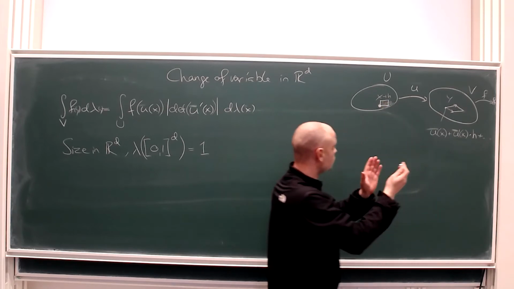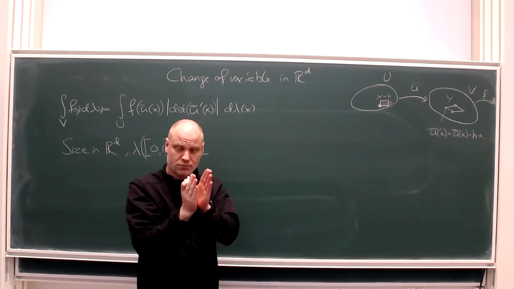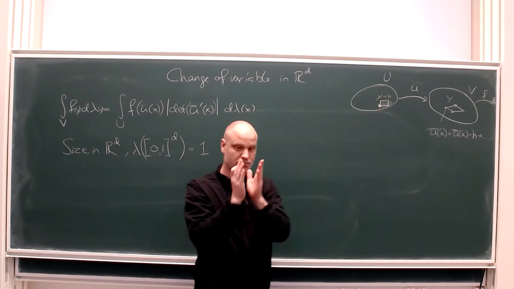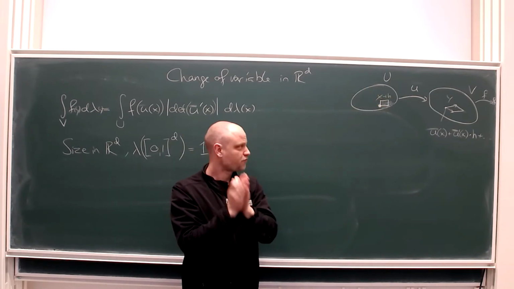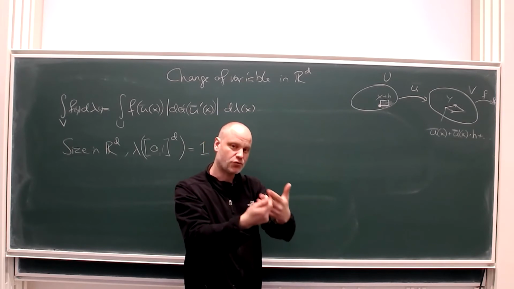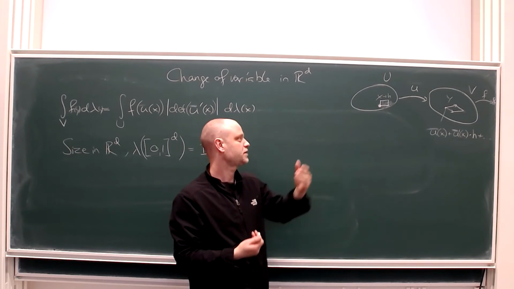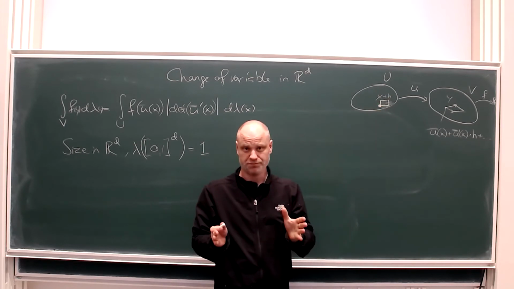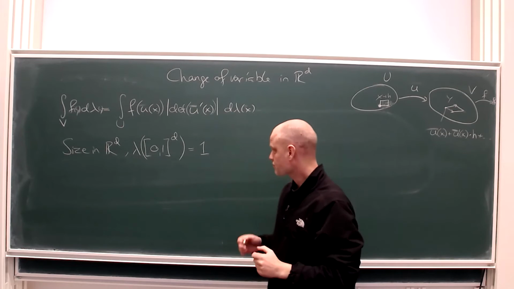So this little rectangle here is usually small. At some point, we're going to chop up this region U in many small rectangles. But to first understand how matrices transform size, it's enough to assume that this guy here is the unit cube.